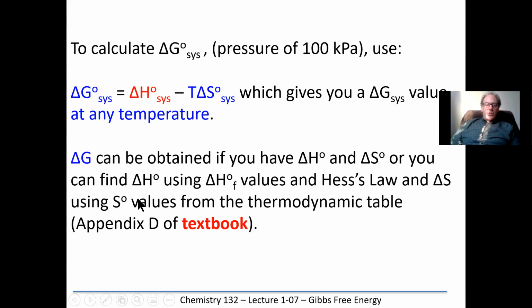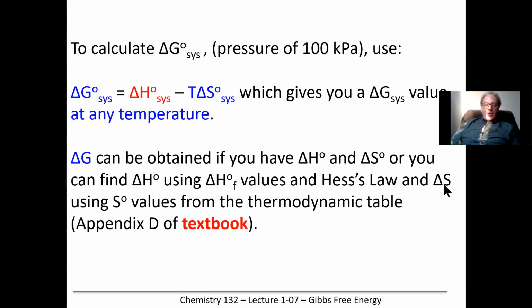There are tables in your textbooks. And you can find delta H using Hf values, that's heats of formation. You can use Hess's law, which we've used in the past and you used in high school, where the delta H for a chemical reaction is the sum of the heats of formation of products minus the sum of the heats of formation of reactants.